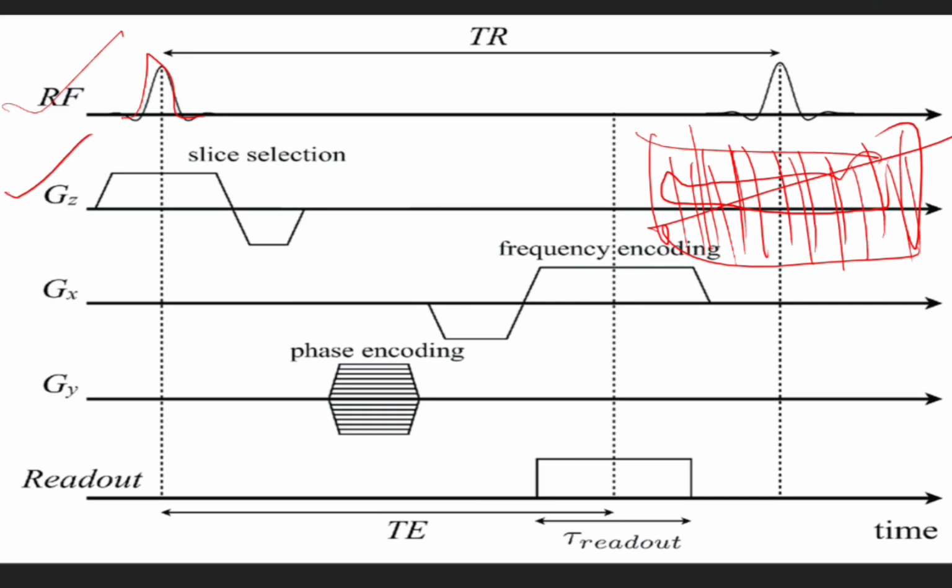Then the phase encoding gradient will be applied. Depending on the matrix, if it is a 512 by 512 matrix, then 512 steps of phase encoding gradient will run. That abnormal gradient sound is the phase encoding steps. Then frequency encoding will take place, which is called readout. We capture the data here, and this will be your MR echo.